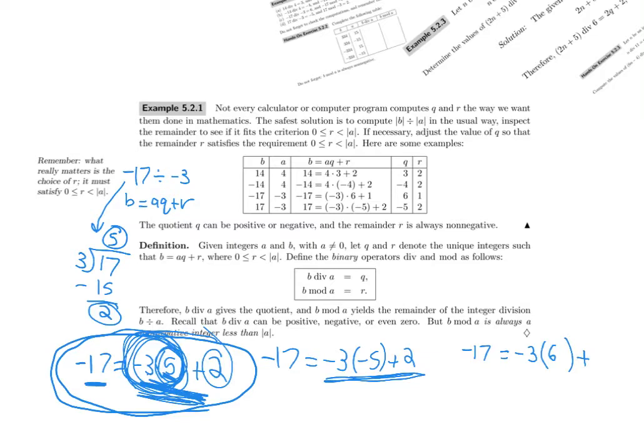To make that into negative 17, I just have to add 1. And now my r is satisfying the inequality it's supposed to satisfy. 1 is between 0 and absolute value of negative 3.